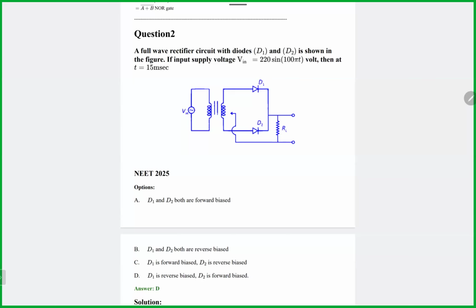So sine 1.5 value will be positive, and based on that, D1 will be positive, D2 will be negative. That was the question. And there were two options. That's why this is not a perfect question.